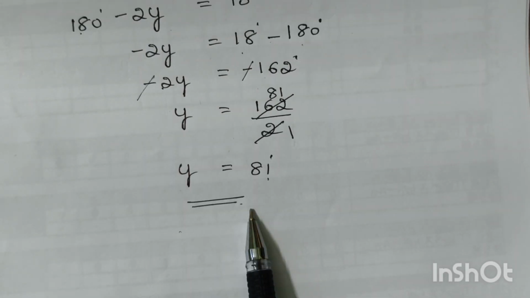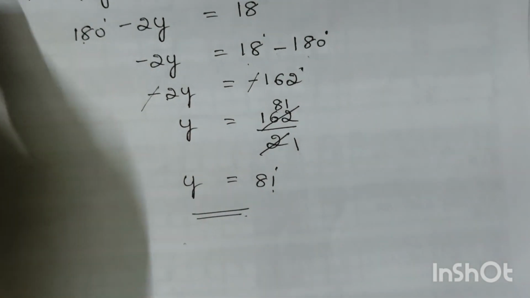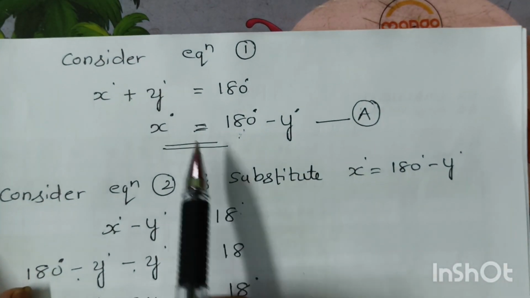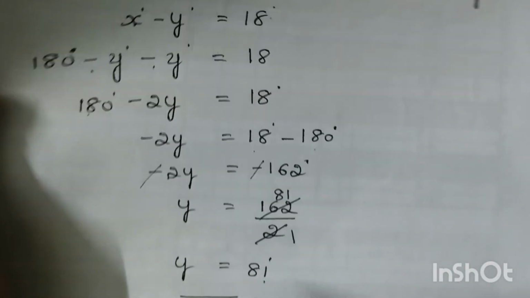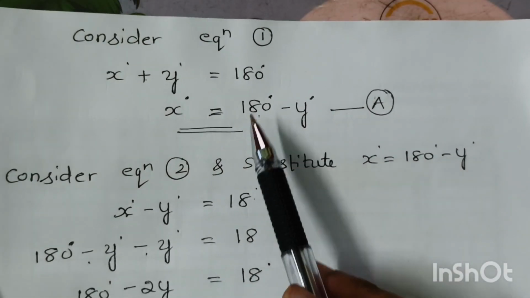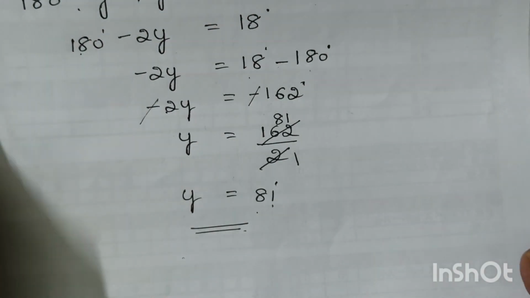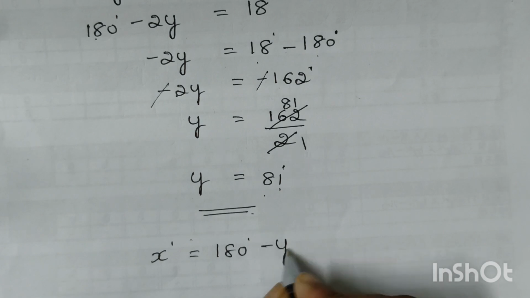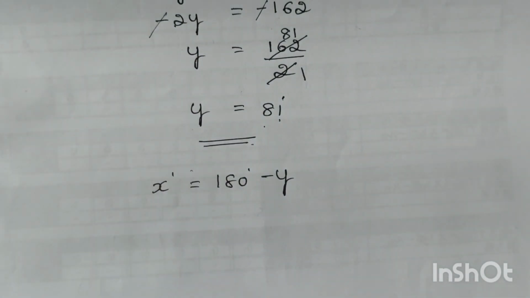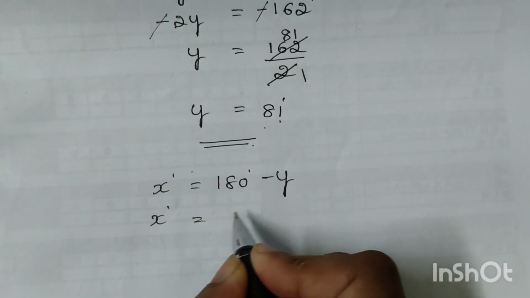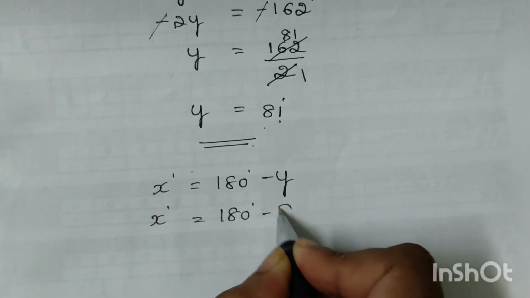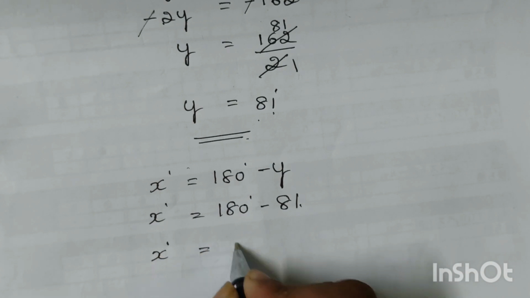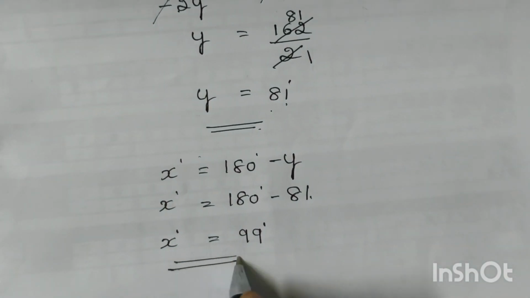Now let us substitute this value of y in equation A, that is x degrees is equal to 180 degrees minus y, so x is equal to 180 minus 81, which is 99 degrees.